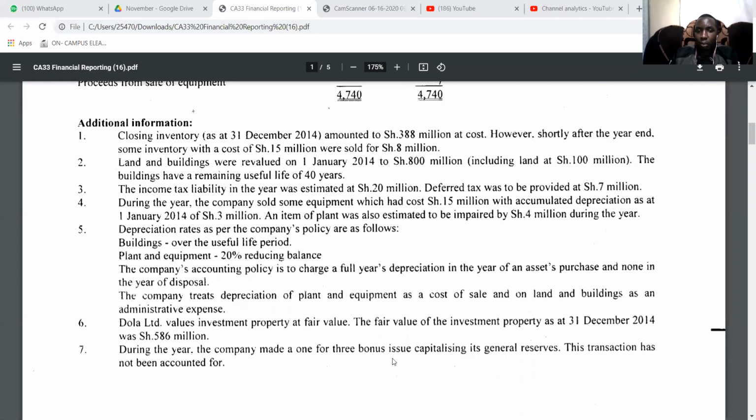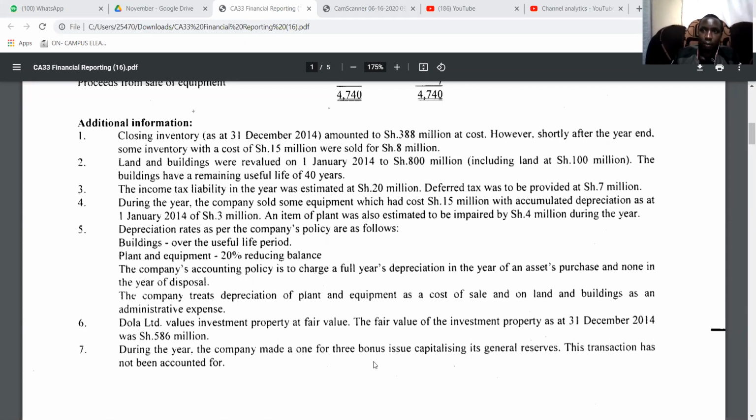When we talk about a bonus issue, this concerns when an entity, like this company, was issuing shares to the existing shareholders on a certain proportion for free. That is, at no consideration.